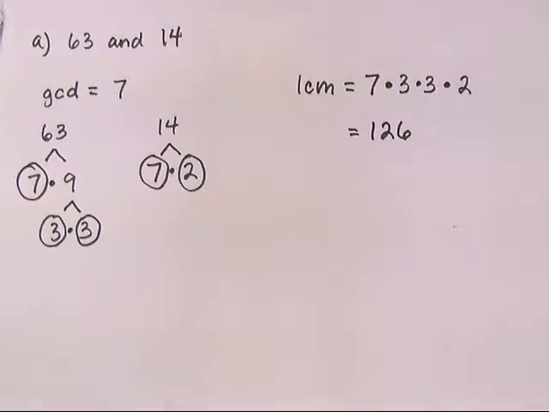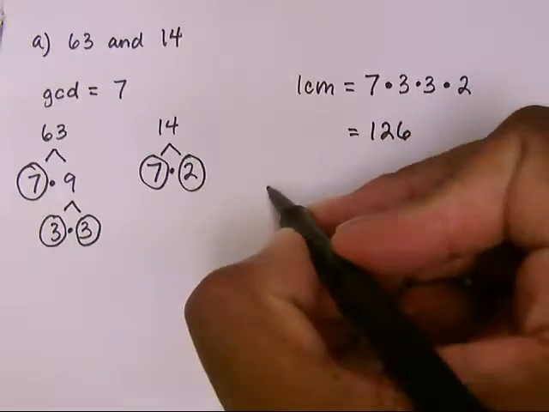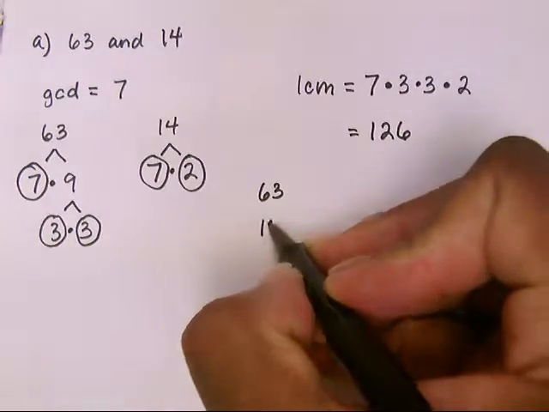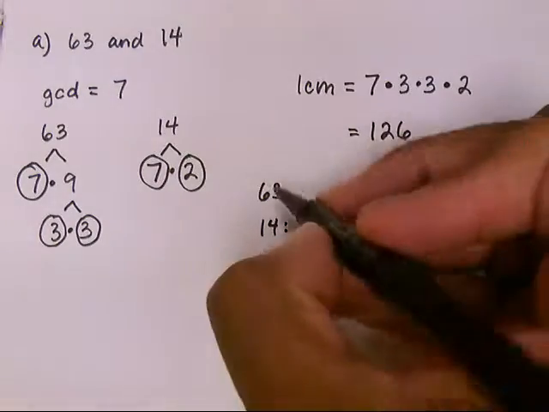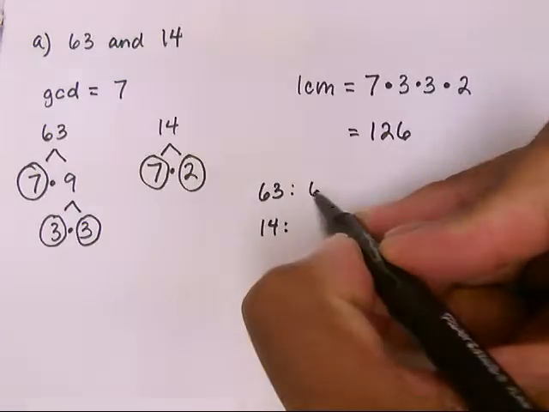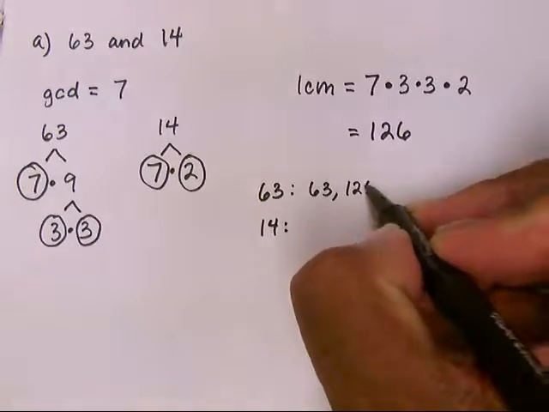Now another way you could have found the least common multiple would be to list the multiples of 63 and 14. So here you got 63 and then 126.